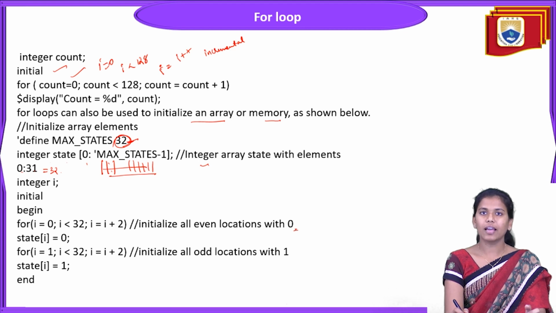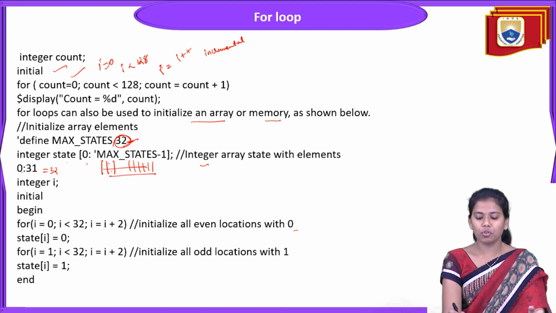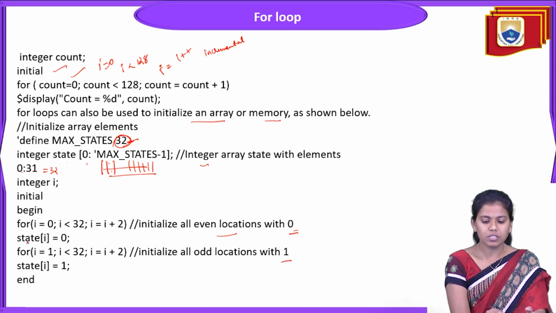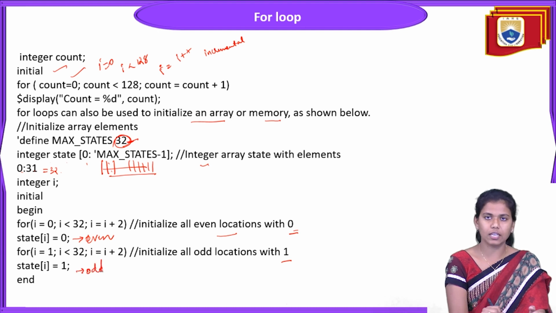Max states are 32, right? So for all the even locations I'm representing it with 0, and for the odd locations I have to represent it with 1. That's the reason I mentioned here: for state i equals 0, this is for all even, and for state i equals 1, this is for all odd conditions.